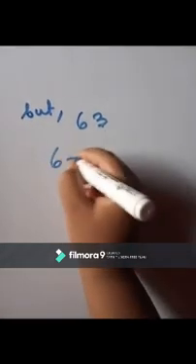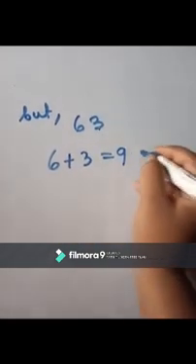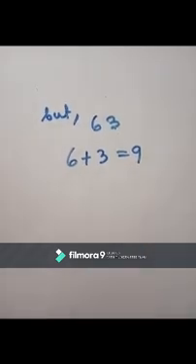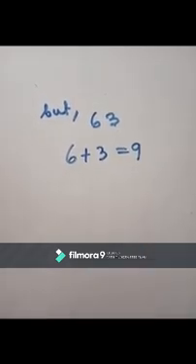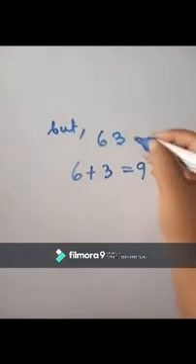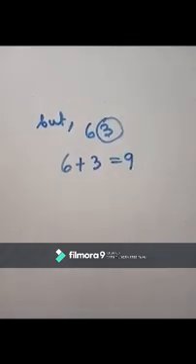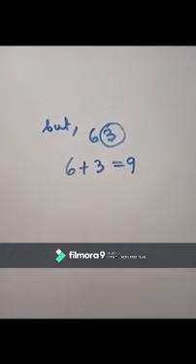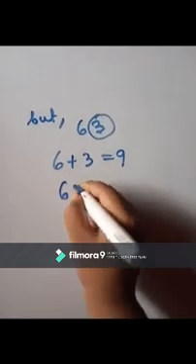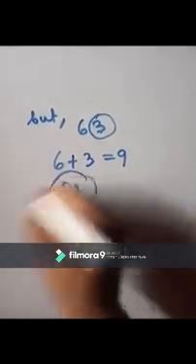But 63 is a number which is divisible only by 3. 6 plus 3 is 9, that is divisible by 3. So 63 is divisible by 3. But as the last digit is an odd number, it is not divisible by 2. Hence 63 is not divisible by 6.